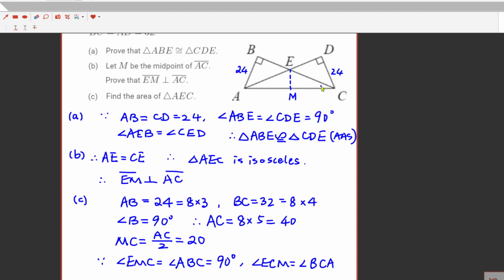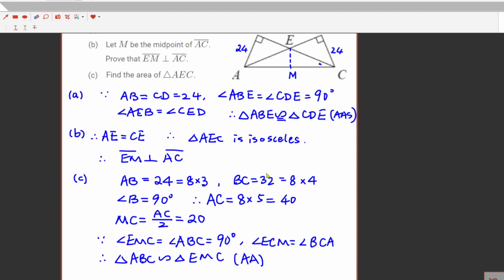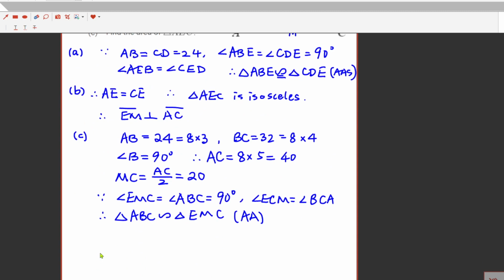ECM and BCA are actually the same angle, and therefore we know triangle ABC is similar to triangle EMC, right? By AA similarity. And therefore the corresponding sides are proportional, so we have EM over MC equals AB over BC, right?